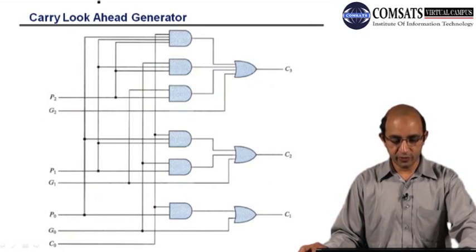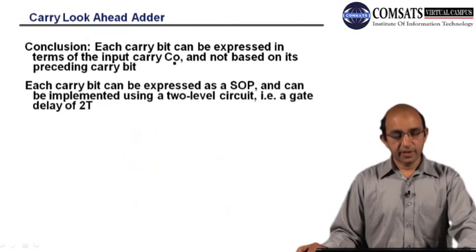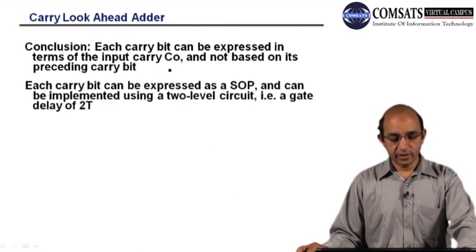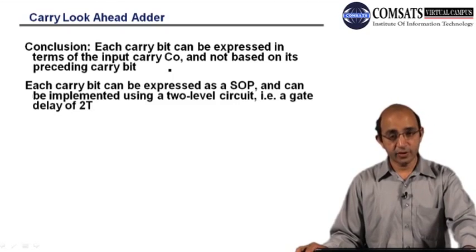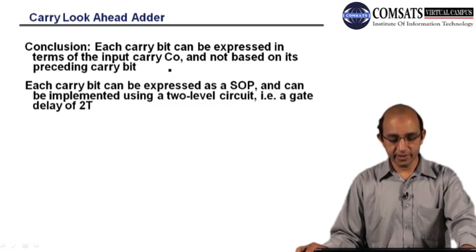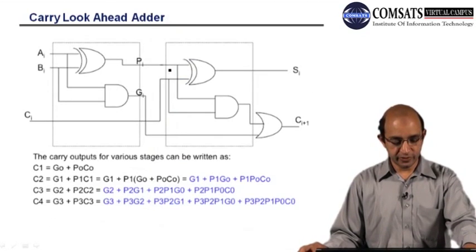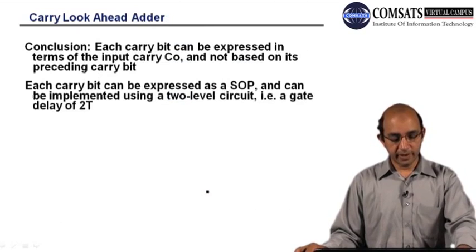So you can see that we have a 2-level circuitry. But what we learned from this look ahead carry generator is that each carry bit can be expressed in terms of C0 and P's and G's. There are no carries. Like if you talk about C3, there should be a C2, but we have replaced them.